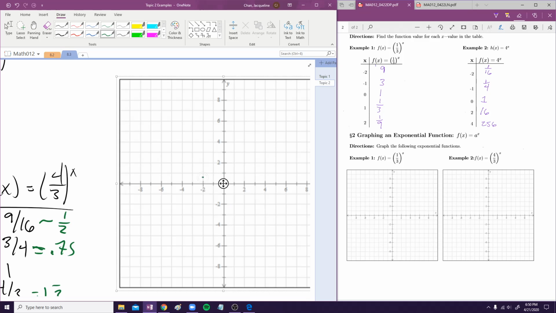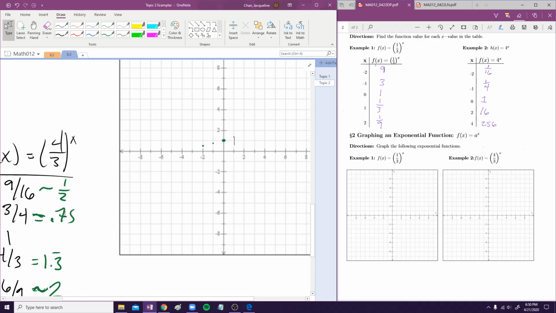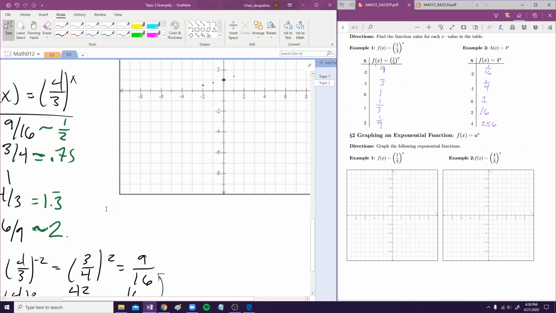And then 0.75. Sorry, we don't have to be precise. And 3/4 is right here. 0, 1 always, and then the other one's like 1 1/3. So here's 1 and then 1/3 of that, and then approximately 2.